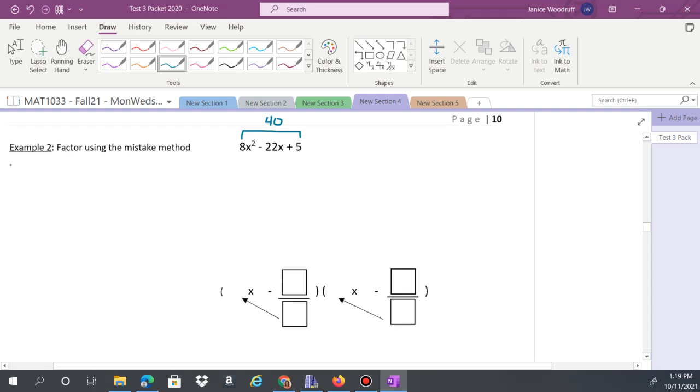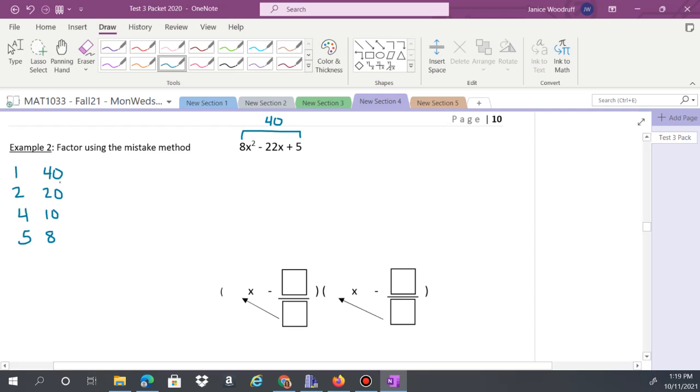All right, what multiplies to 40? You have 1 times 40, 2 times 20, 3 doesn't go in, 4 times 10, 5 times 8. Do any of these combine some way to 22?